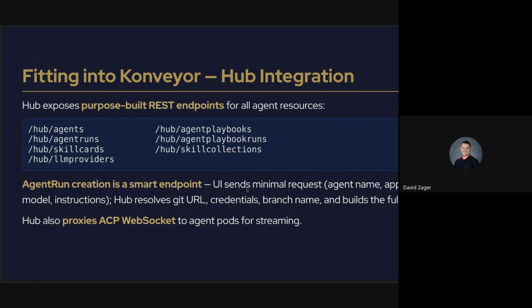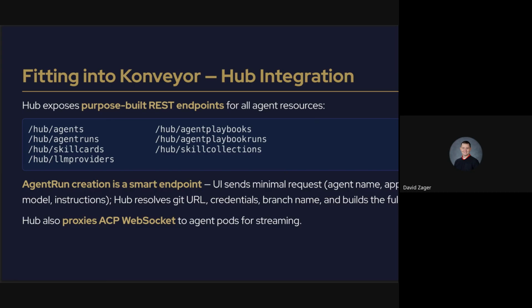The UI doesn't need to know the specific shape of agent runs and agent playbook runs in order to fill in things like the source URL for the application and its credentials. The UI can just say, run this agent against this application with these specific instructions, and the hub can translate that into a correct agent run or agent playbook run.